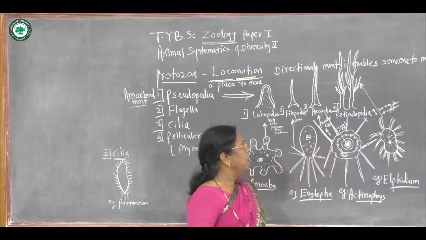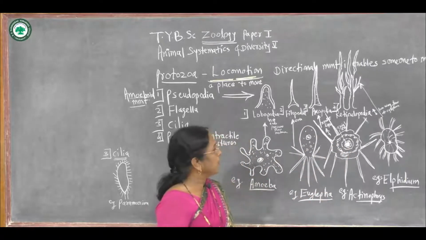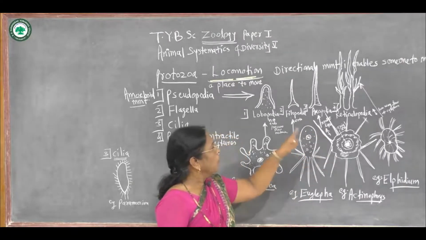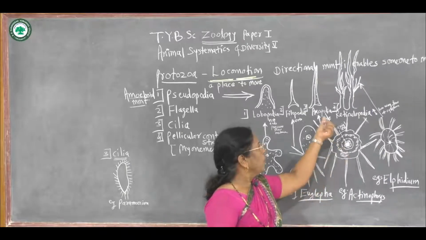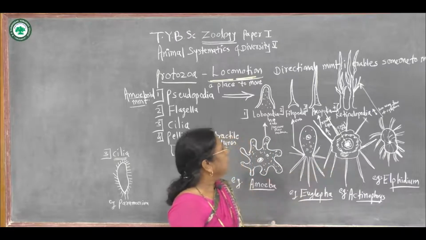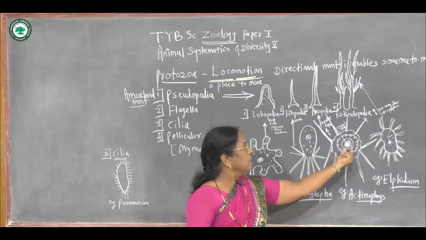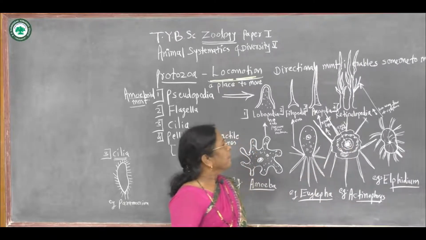These are needle like or pointed, and there is flow of ectoplasm and endoplasm in both directions, means cytoplasm moves from tip to base and base to tip. These are the axopodia arising from the axial rod of Actinophrys.